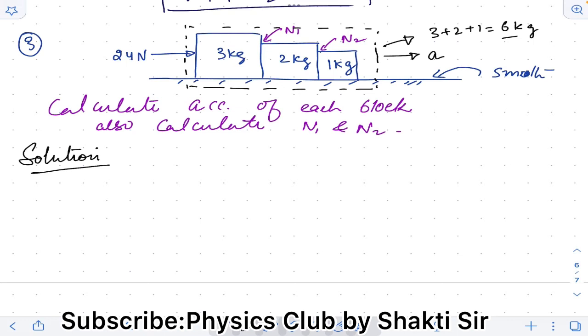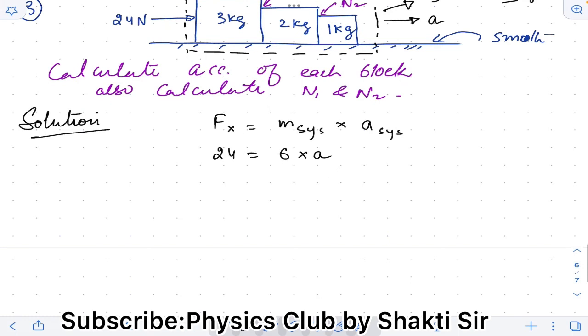Okay, from Newton's second law, net force along the x-axis is equal to mass of the system multiplied by acceleration of the system along the x-axis, right? So net force is 24 Newton, mass of the system is 6 kg and acceleration A. When we solve this, it comes out to be 24 divided by 6, which is 4.